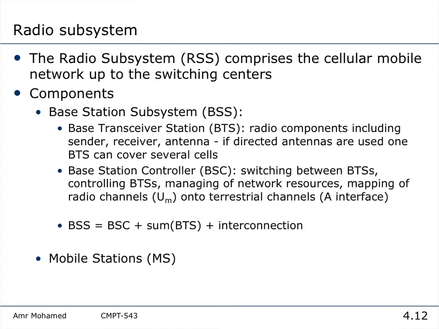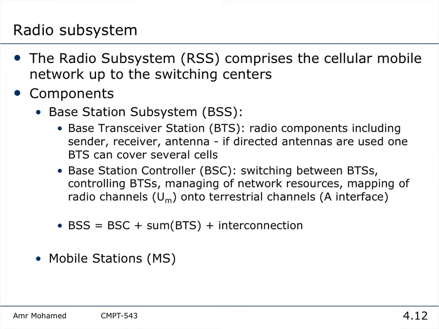So this is the radio subsystem, which comprises the cellular and the mobile part. The components are the base station subsystem, which is composed of the base transceiver station and the base station controller. The base station controller, as we said before, controls multiple base transceiver stations or multiple cells.